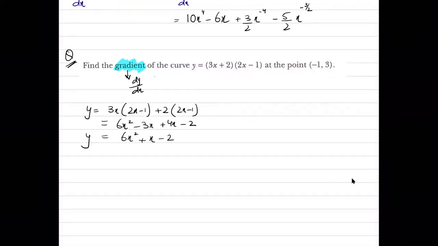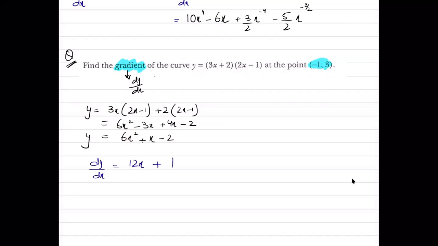But if I want to find the gradient of the curve at this point, I'll have to find the derivative of this equation, which means I need to differentiate this. I need to find dy by dx. What is going to be the derivative of this? Would you agree that it is 12x plus 1?